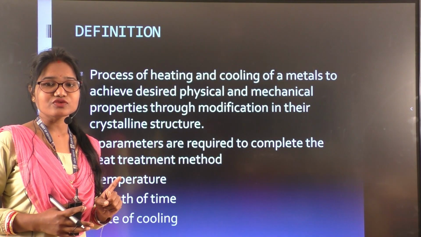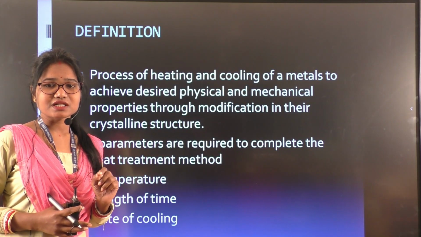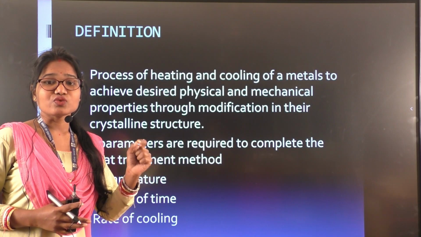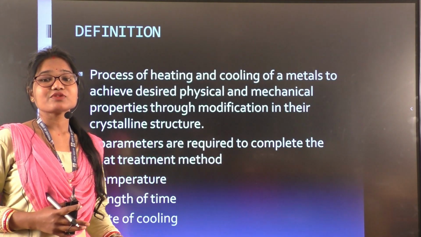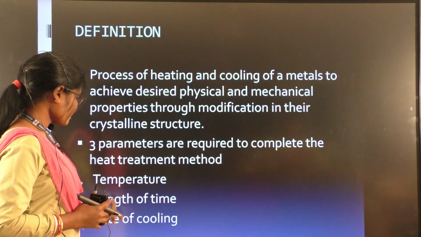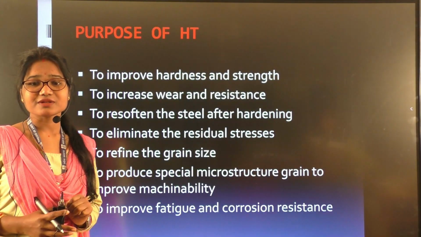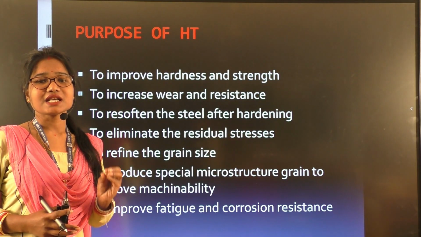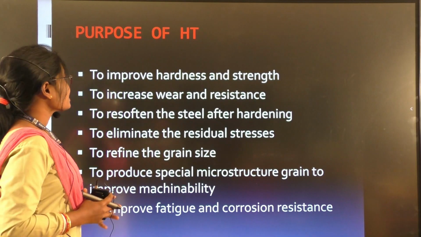The rate of cooling is also very important, because due to a change in the rate of cooling, we can get various types or various phases of metal. So these three important parameters are required for a complete heat treatment method.